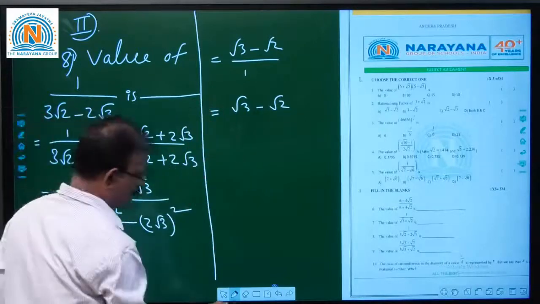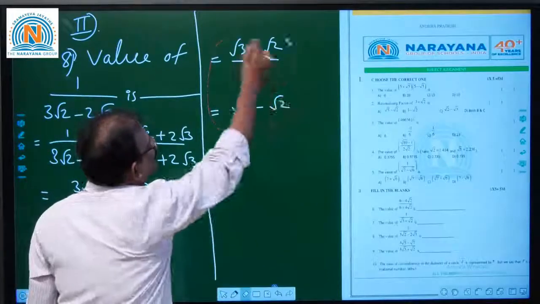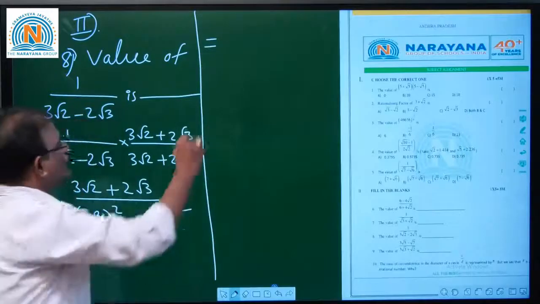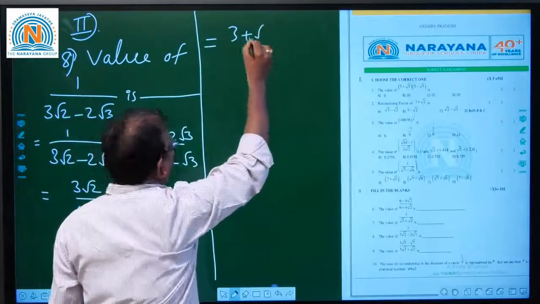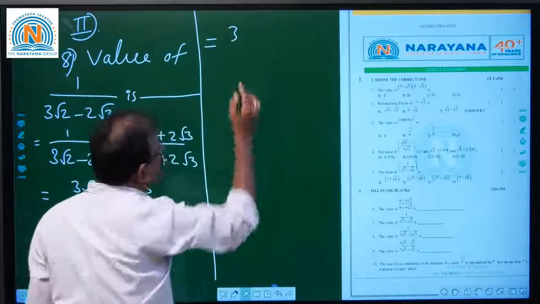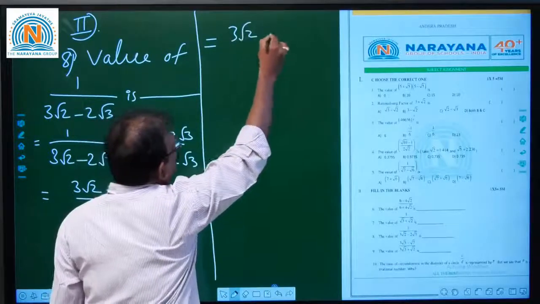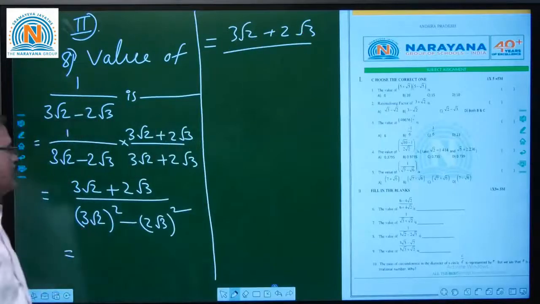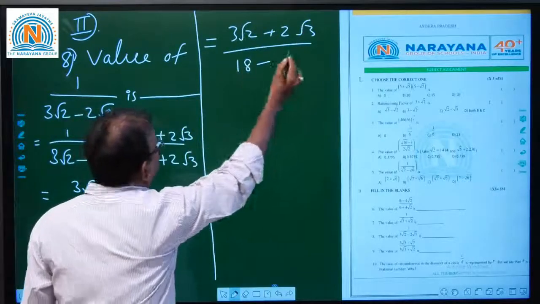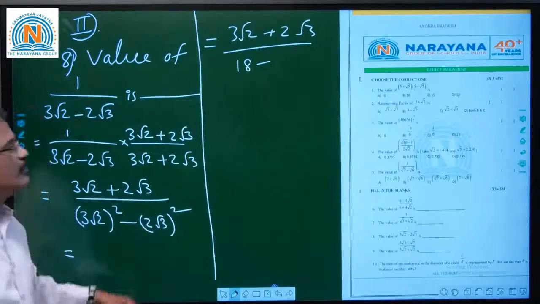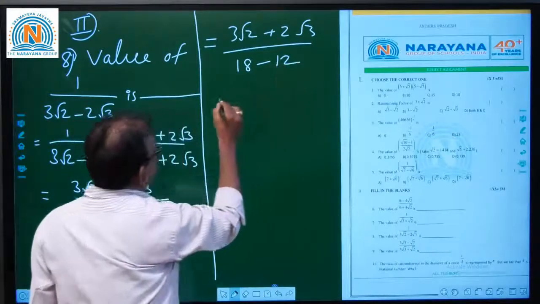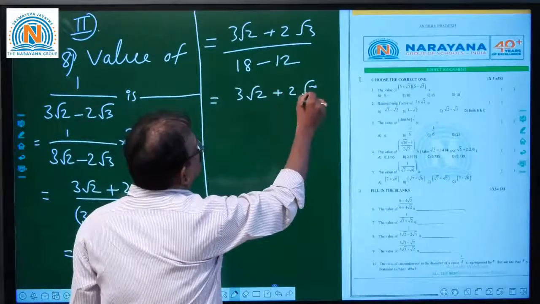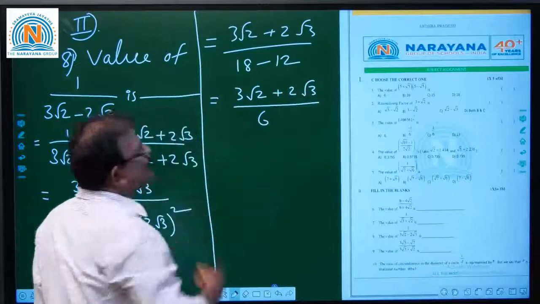So the numerator is 3 root 2 plus 2 root 3, whole divided by 3 square into 2, 9 into 2, 18, minus 2 square, 4 into 3, 12. So 3 root 2 plus 2 root 3 by 6.